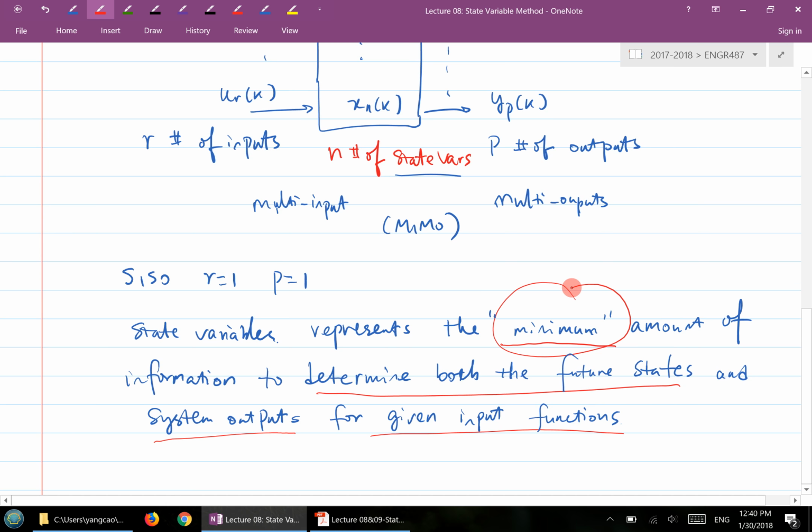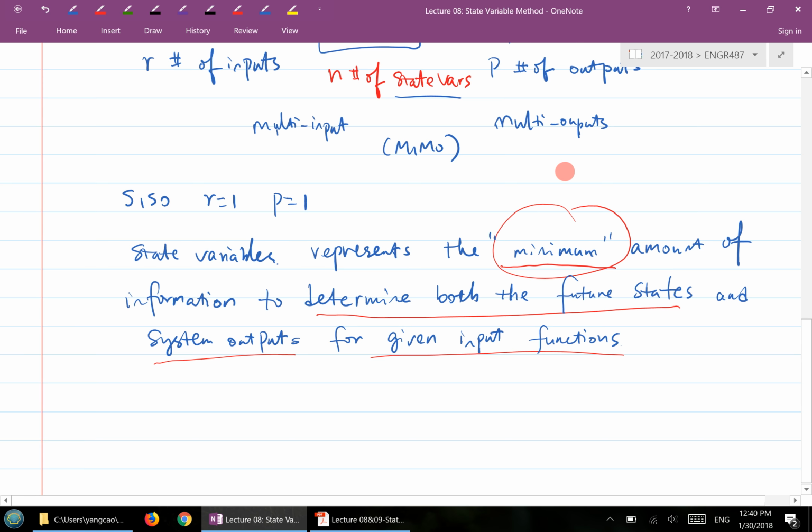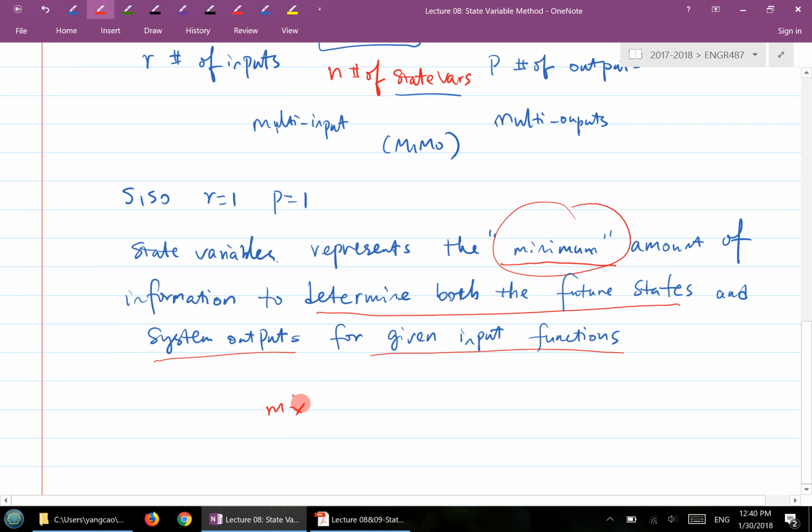Like the mass spring damper system. You have a mechanical mass spring damper system, and you have the equations for the system. I will have an input and the output x of t, and I want to know what the output is given certain inputs, and also what the future of this output is.